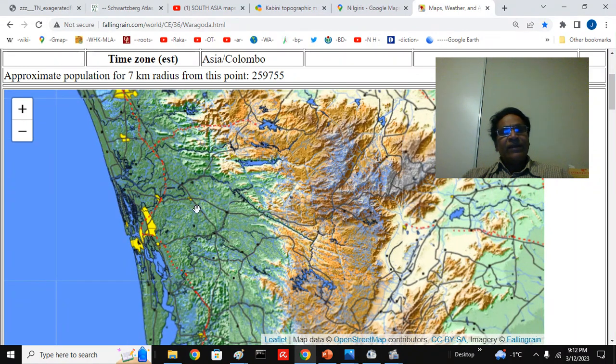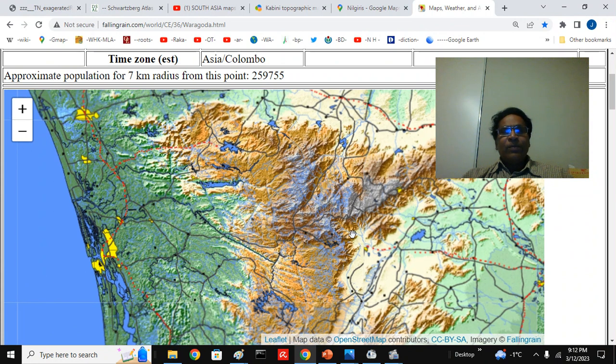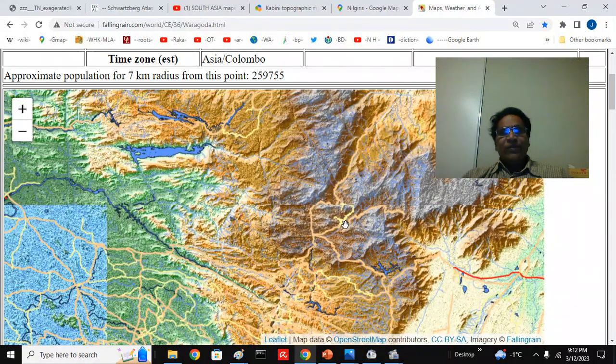Alva, Kanjirapalli will be here. The majestic Periyar river winds through like that. Here you can see it gathers, and it gathers Chalakudi here. So this is the Alva. And Devikulam and Anamudi, I will try to show. This is the Bodi Pass that goes to Devikulam and Munnar. So this is Munnar, Devikulam.